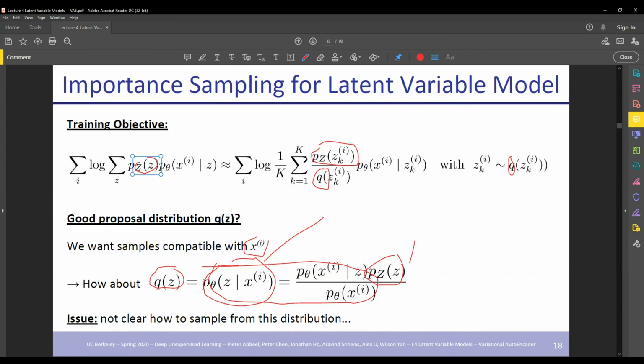If, after implementing this importance sampling switch, we can sample from a Q which is actually our posterior, then we are good, or that will give us very informative samples. But the challenge now becomes, it's not very clear how we sample from this distribution. And so we are off to solve that problem next, right?